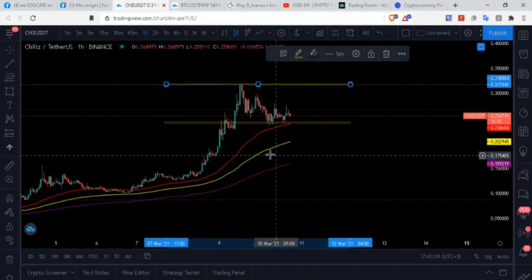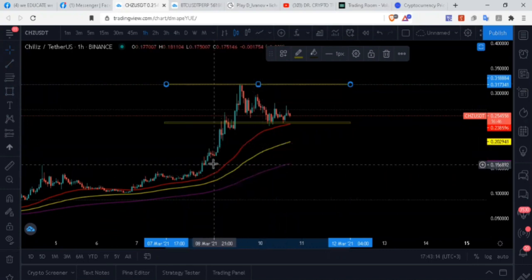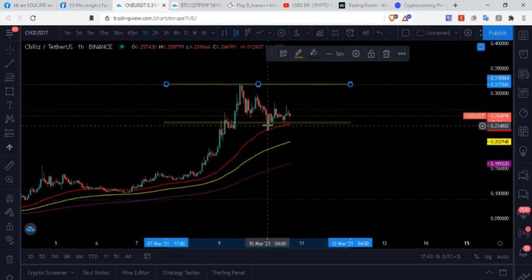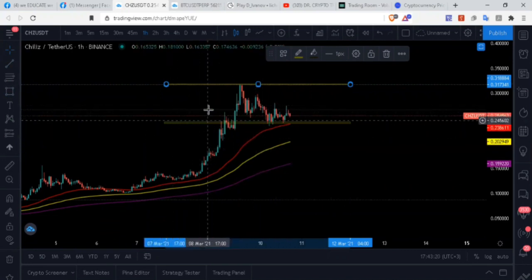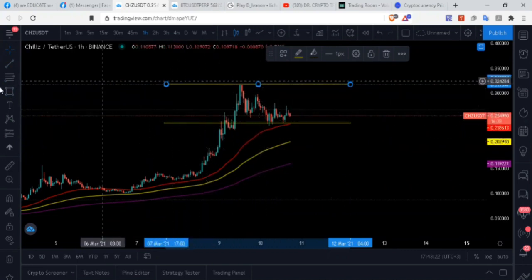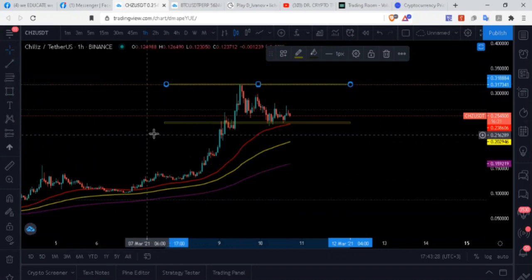Now, actually, support and resistance, there are so many kinds. There's a diagonal support and resistance, the dynamic support and resistance, what they call the Fibonacci, that's also support and resistance, and also supply and demand.